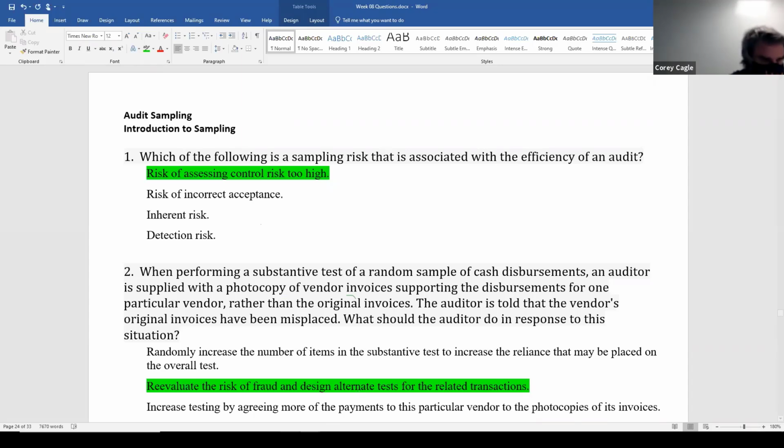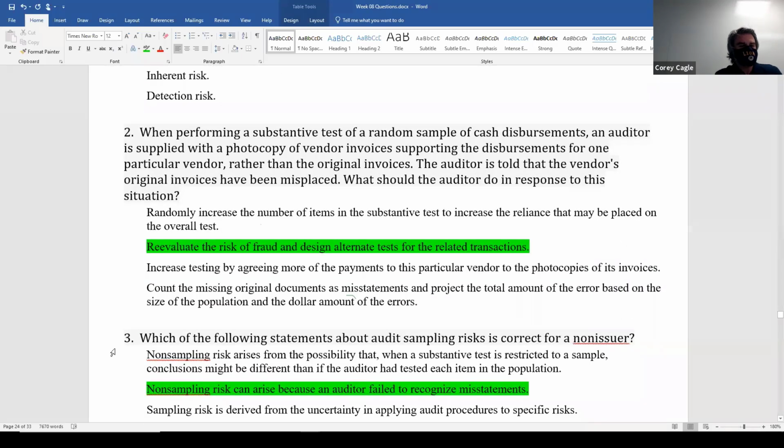How about number 2? When performing a substantive test of a random sample of cash disbursements, an auditor is supplied with a photocopy of vendor invoices supporting the disbursements for one particular vendor rather than the original invoices. The auditor is told that the vendor's original invoices have been misplaced. What should the auditor do in response to this situation?